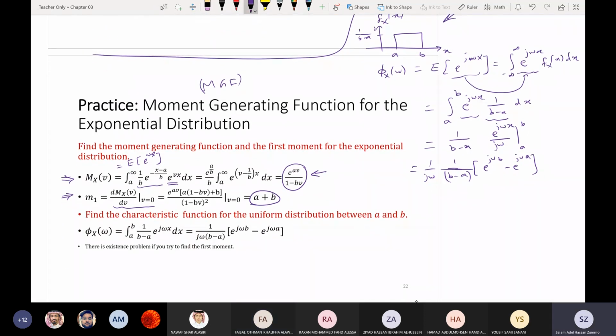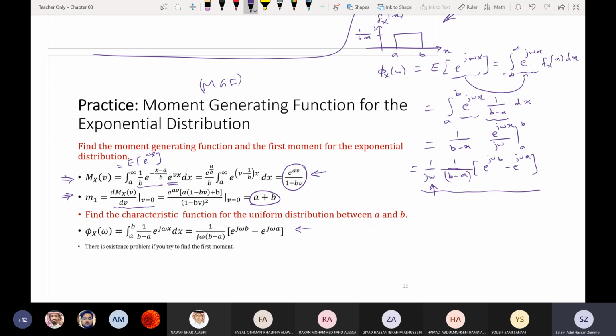So this is now the characteristic function. Now, if we want to find the first moment in this particular case, you will not be able to find it, because if you differentiate this, you will get j omega in the denominator. And if you set omega to 0, you will have an existence problem.